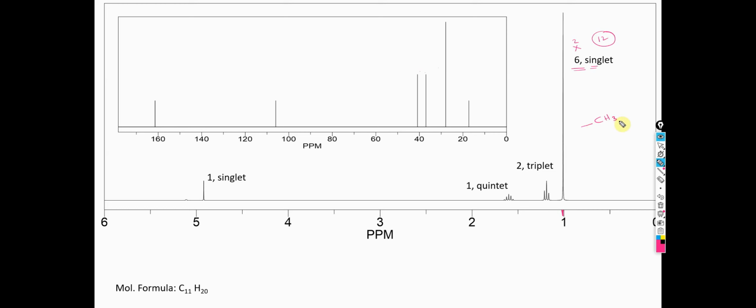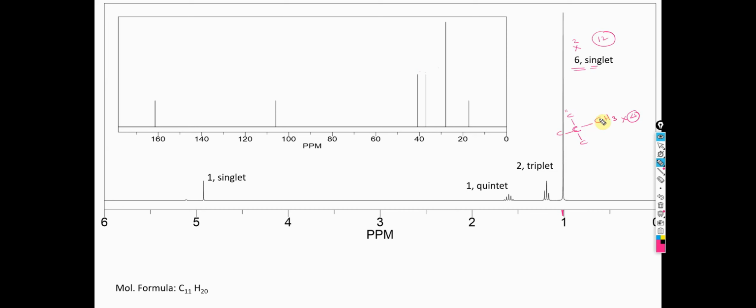And since each CH3 has 3, if we have 4 of these CH3 groups, then you have a total of 12 hydrogens that are represented by this singlet here. And the fact that it is a singlet and it is not split by anything else tells you that the carbon that is attached to this methyl group is attached to other carbons. Okay, this carbon does not have a hydrogen.